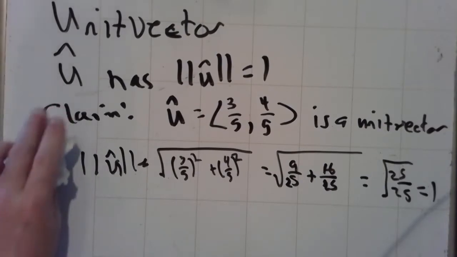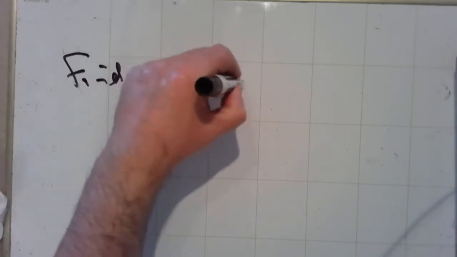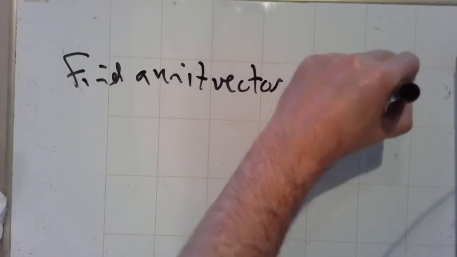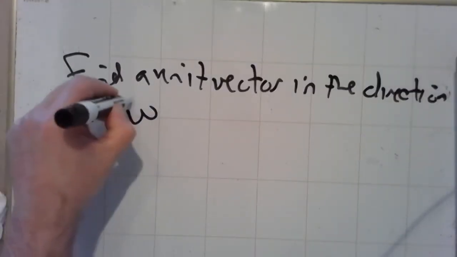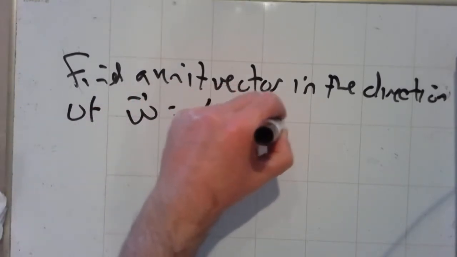Okay, what if we got a vector that's not a unit vector, but we want to turn it into one? Let's say we want to find a unit vector in the direction of, let's call him w equals (5, 12).